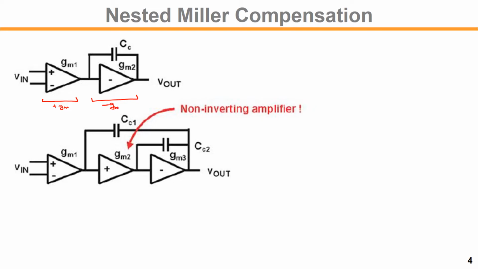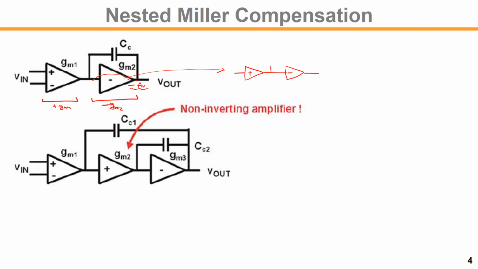The negative GM is required for Miller compensation, so that the voltage gain from input to output is negative. That can be applied to the three-stage amplifier. You can view the second stage amplifier as an additional two-stage amplifier, but it has negative voltage gain, so minus GM there.